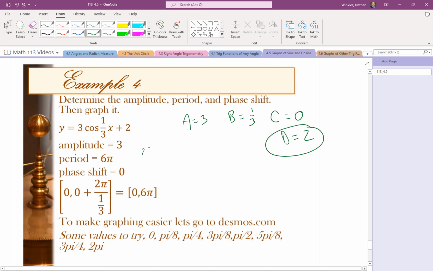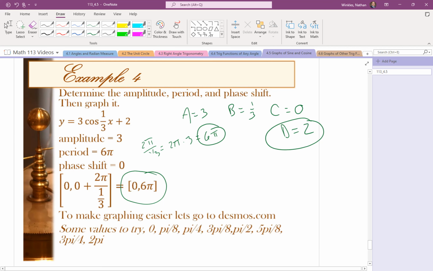Our period is 2 pi over 1/3, which is 2 pi times 3, which gives us 6 pi. For our phase shift, C is 0. For the interval we're working on, it's 0, 0 plus our period, so 0 to 6 pi. Then we can go back over and graph this as well using the same exact principles.